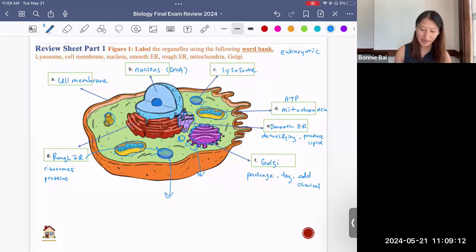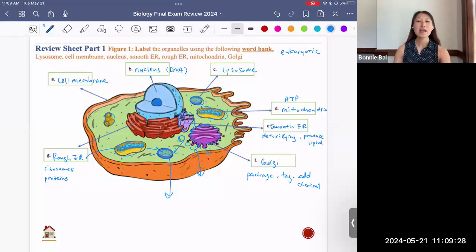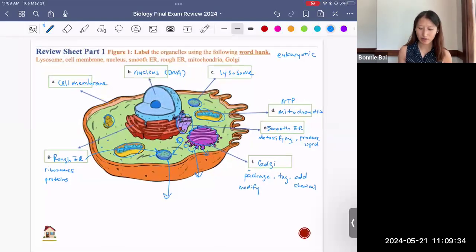Maybe it needs to go out of the cell. Maybe it needs to go to the cell membrane. Maybe it needs to stay in the lysosome and become a part of the lysosome. Either way, if a protein has a certain destiny that's a little more complex than just doing the job, maybe it needs some further modification, and that is done in the Golgi.